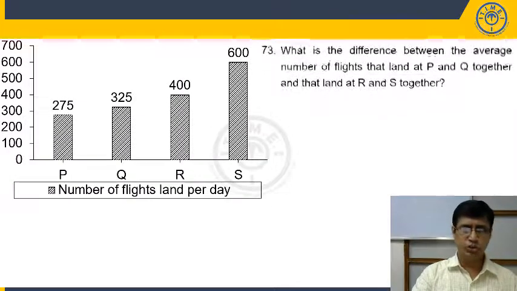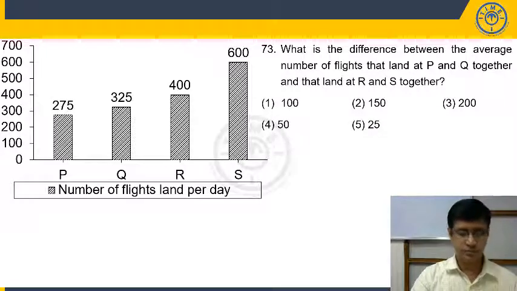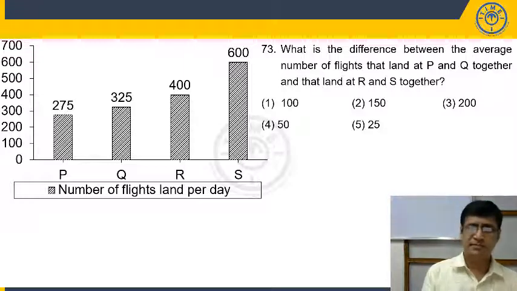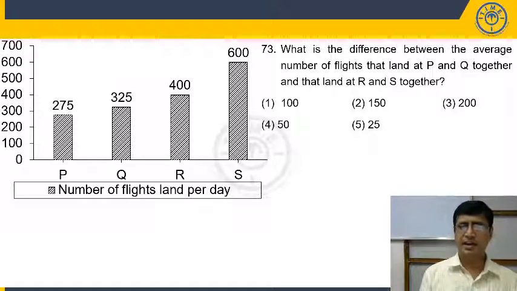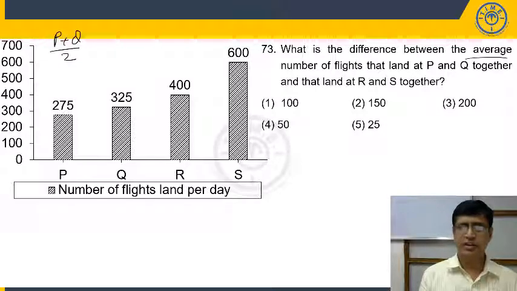Next example, question number 73 on your screen. What is the difference between the average number of flights that land at P and Q together and that land at R and S together? The difference between the averages is being asked.